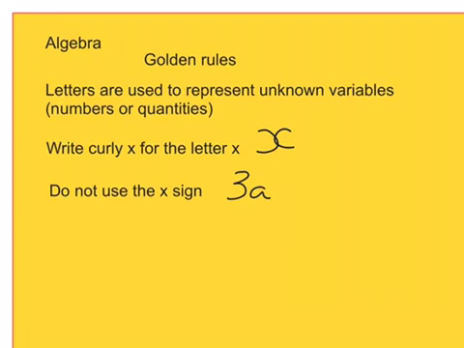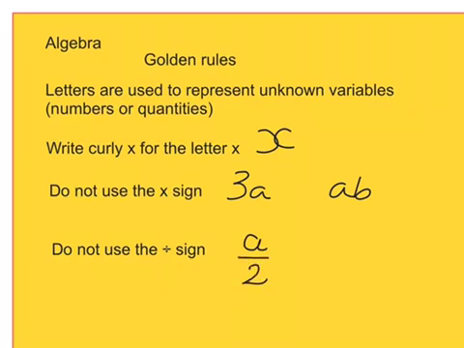If you want to write a times b, you would write ab. You just write the different terms next to each other to mean that you're multiplying 2 terms together. And do not use the division sign. Instead, use the fraction bar, the division bar. So for a divided by 2, you would write a divided by 2 like that.